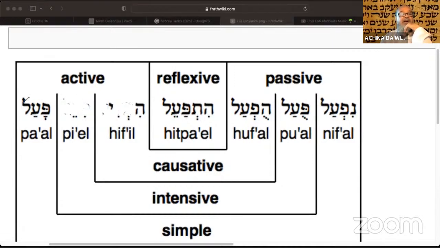Okay, I'm gonna get rid of the lamed here, and I'm gonna get rid of the ayin here, and I'm gonna get rid of the pey, and that's what's left. What makes it a pa'al is the pronunciation, the letters and everything. But what really makes it a pa'al or a simple action is the sounds.